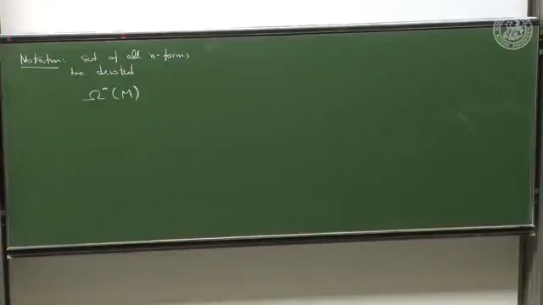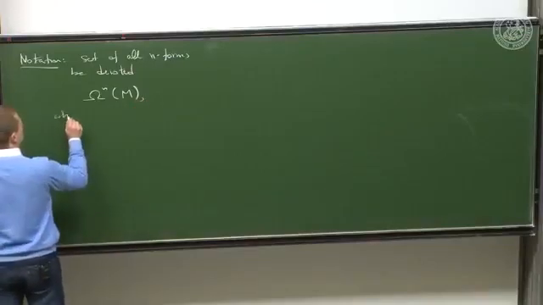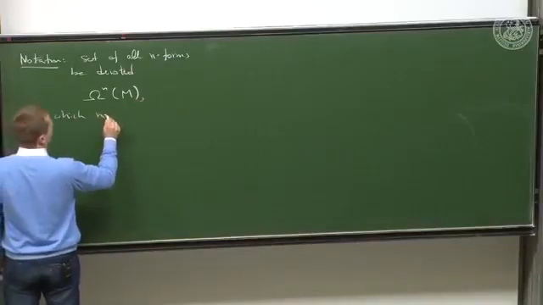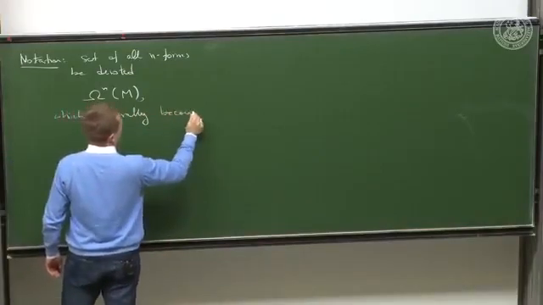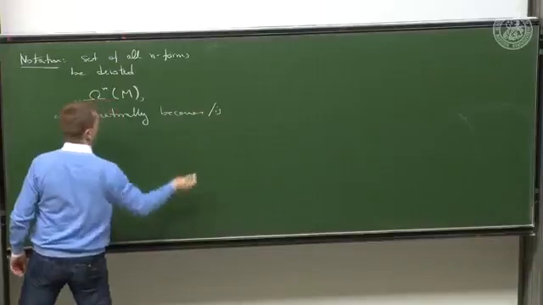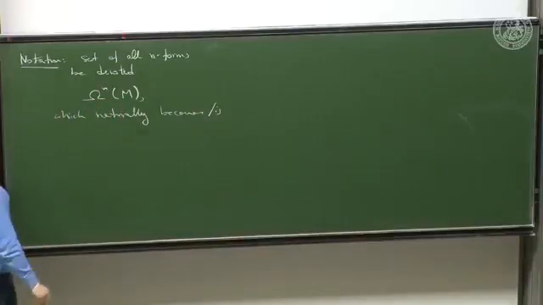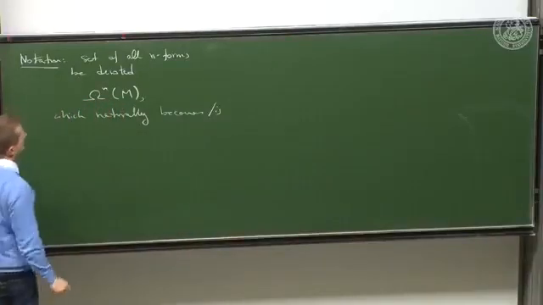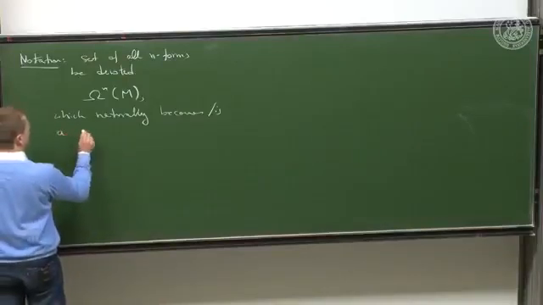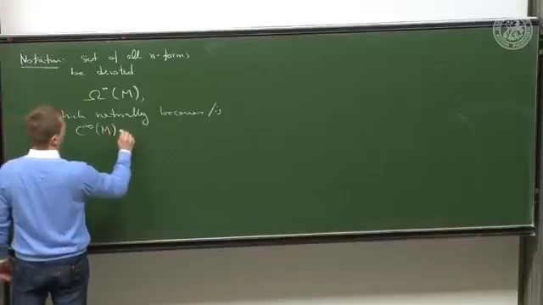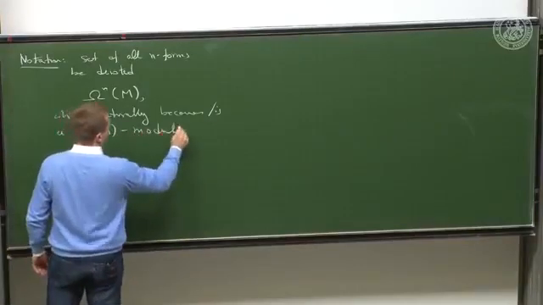So this is first of all a set, which naturally becomes, if you equip it with the appropriate structures, inheriting the structures from the sections of the tensor bundle, a C∞(M)-module.